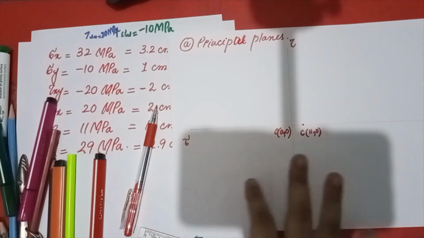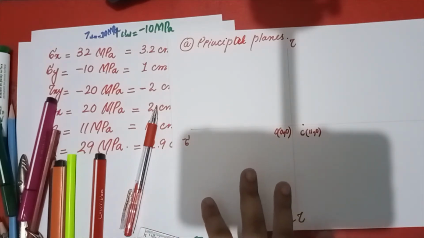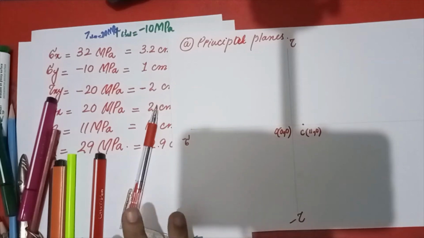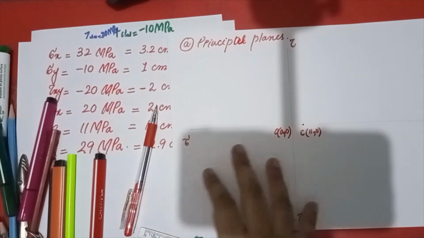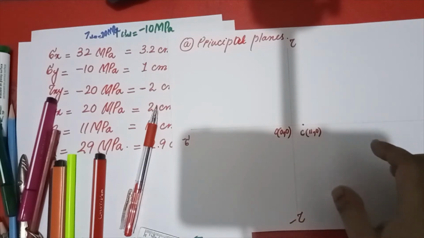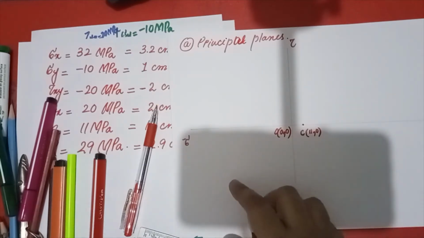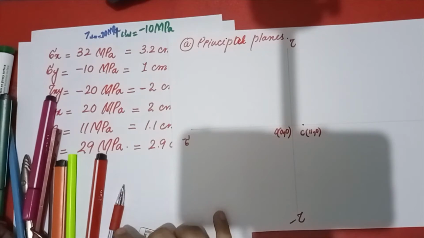In this case, I don't know the value of principal stresses. So I just need to draw a circle with the radius, and the radius I have is 2.9 centimeter.